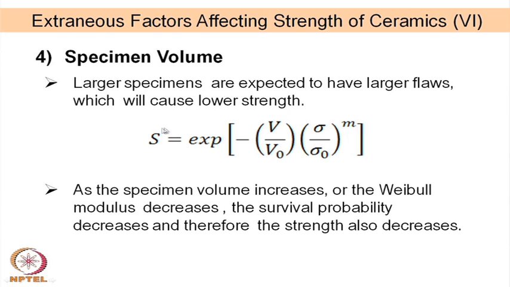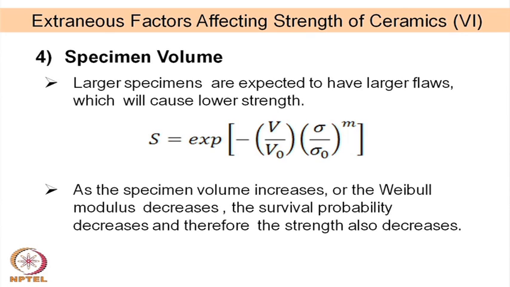This is another very important aspect, once again primarily because the materials are brittle in nature, and it is the flaw size which controls the strength of the material. If you have pre-existing larger flaws, they will be much more prone to failure, and therefore a larger specimen will have a much lower strength compared to a smaller volume of the specimen from the same material.